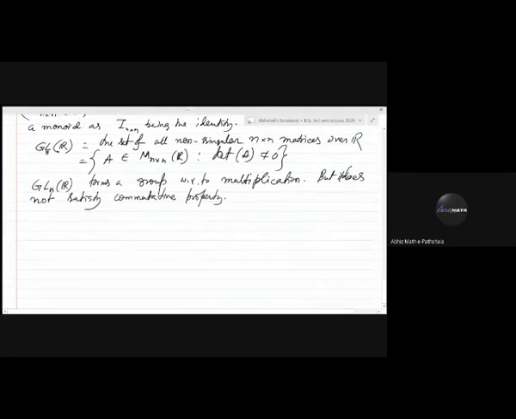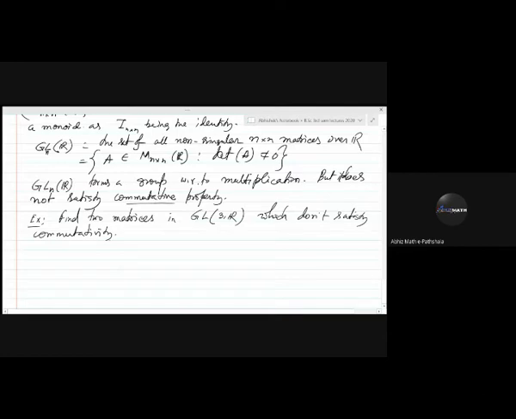I would like to leave this as an exercise for you to check the commutativity. That is, you need to find two matrices in, suppose we consider GL3R, which do not satisfy commutativity.